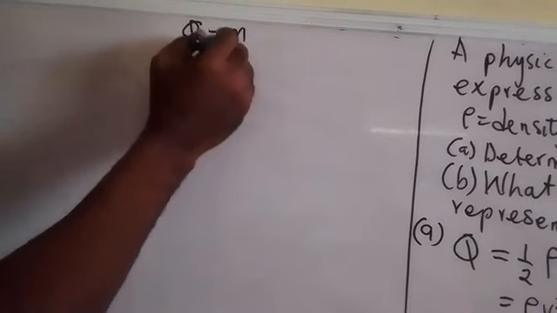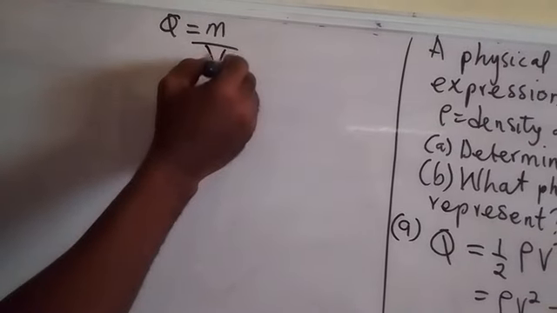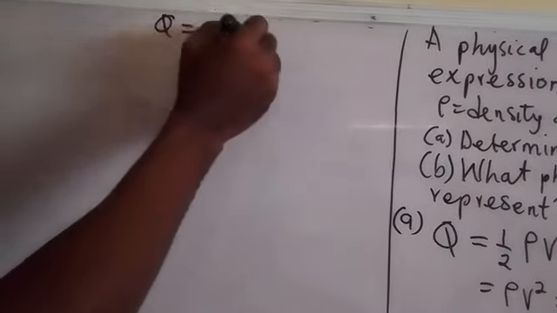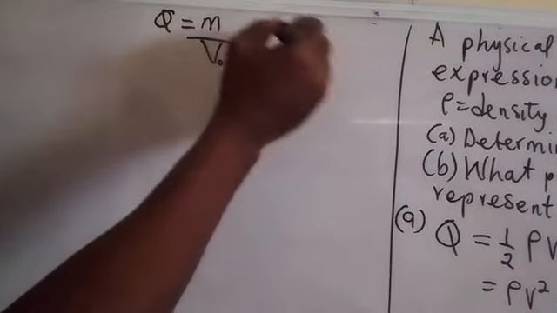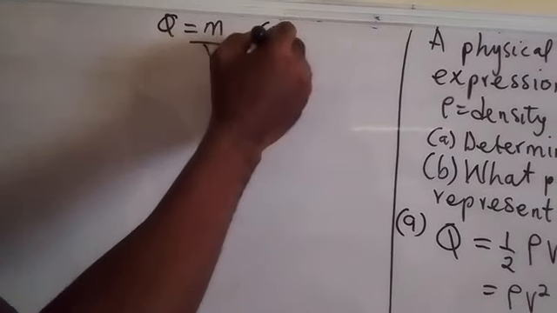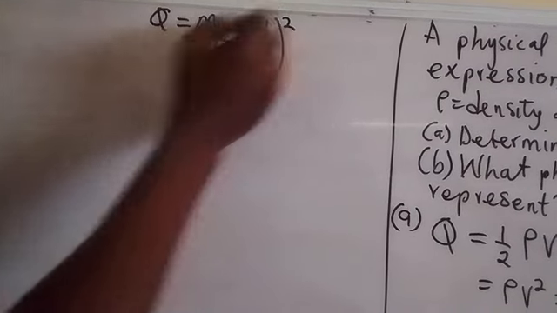We don't have to touch it. Now we're going to change this volume V into its basic expression, times velocity, which is distance over time, then it was squared.